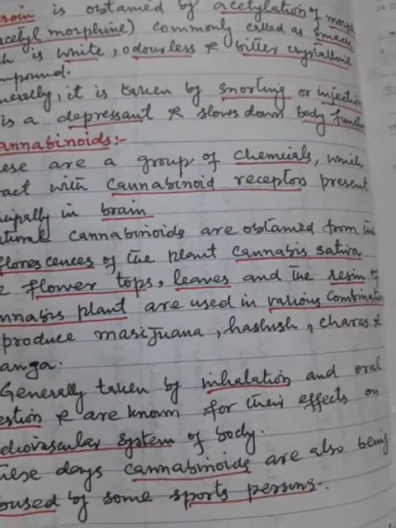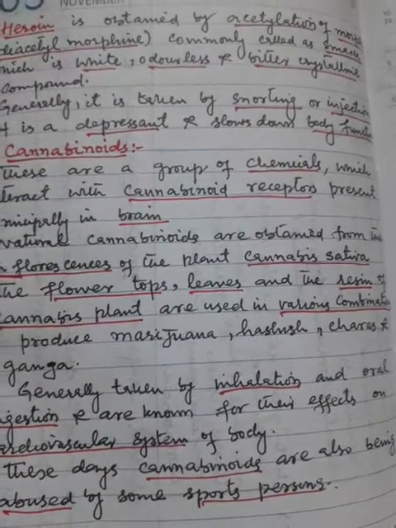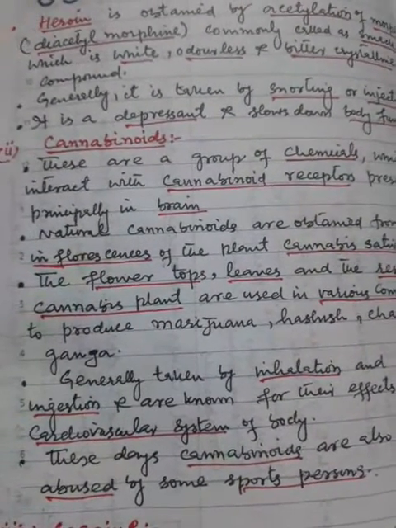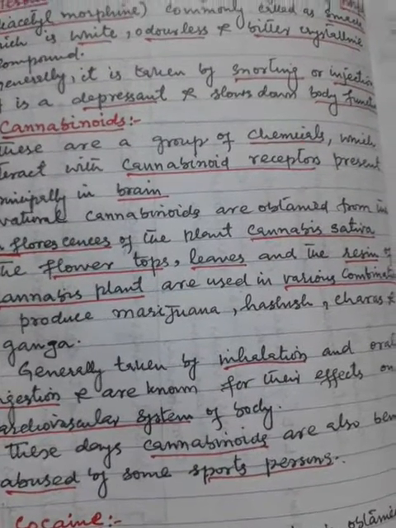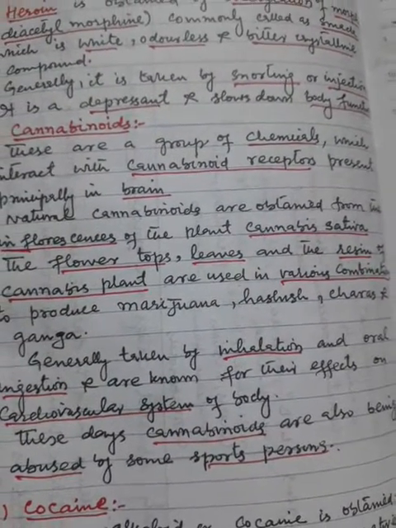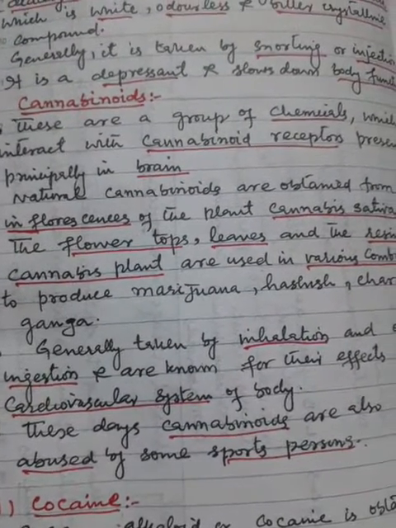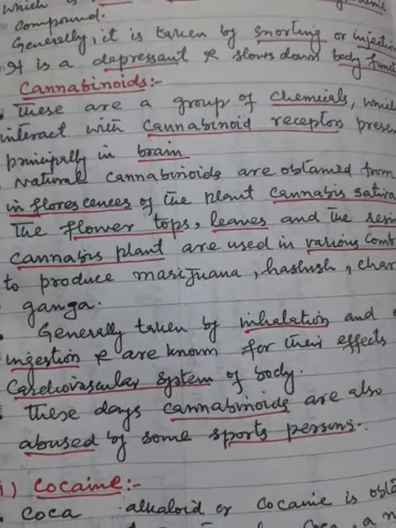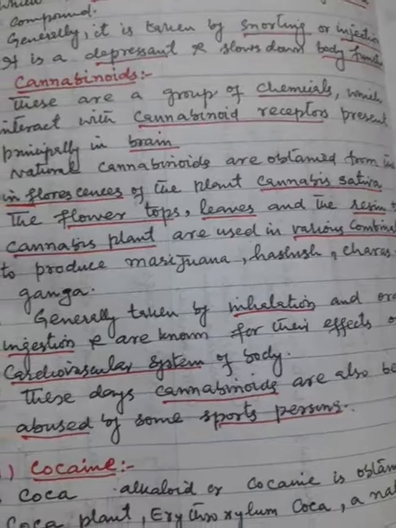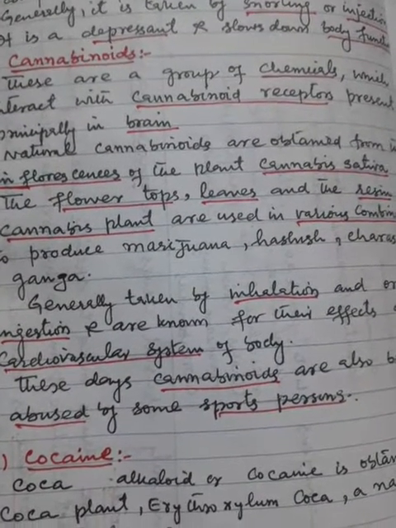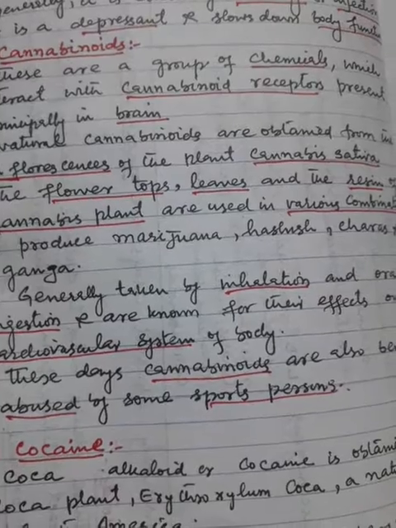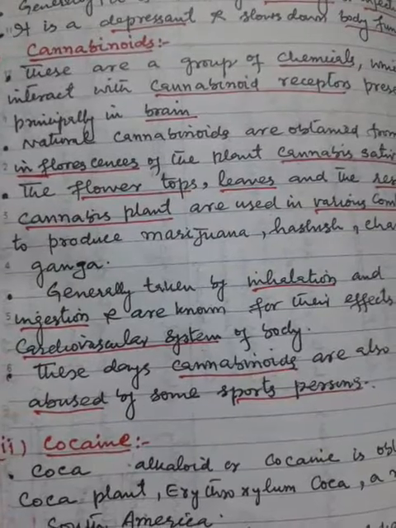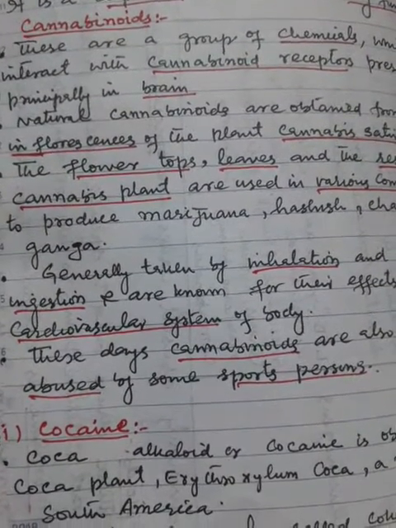The flower tops, leaves, and the resin of the cannabis plant are used in various combinations to produce marijuana, hashish, charas, and ganja, generally taken by inhalation and oral ingestion, and are known for their effects on the cardiovascular system of the body. These days, cannabinoids are also being abused by some sports persons.